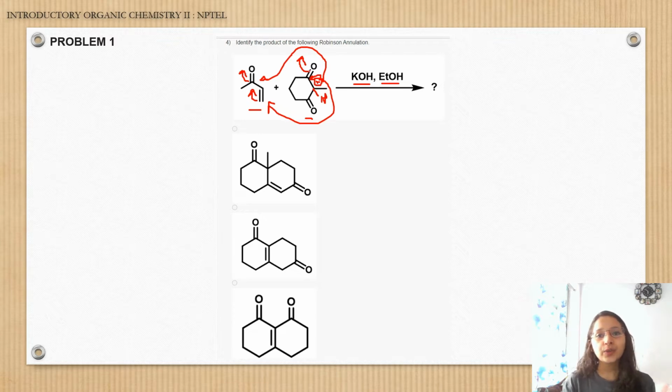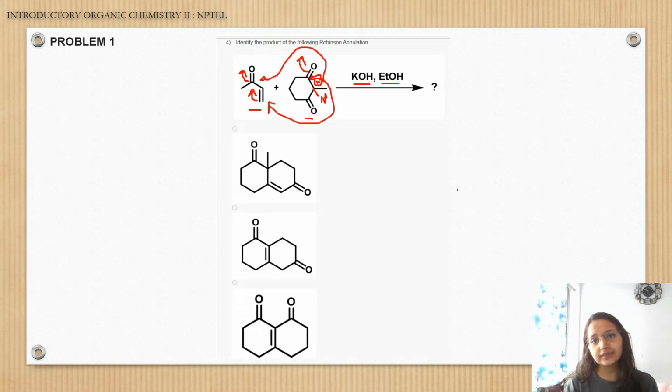So as you can see, 1,2 addition and 1,4 addition are in competition. How do we justify that the 1,4 addition is going to take place? Here, this carbanion, as it is stabilized by conjugation, will act as a soft nucleophile.